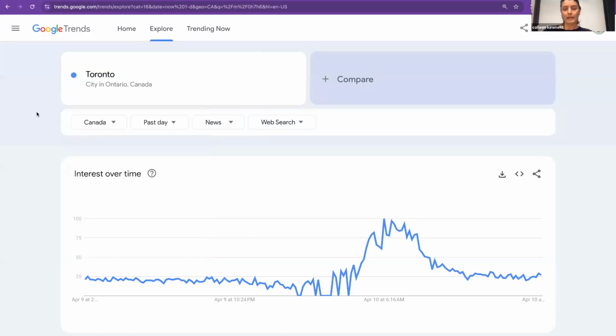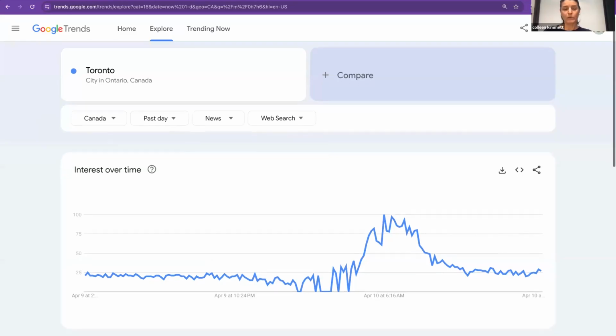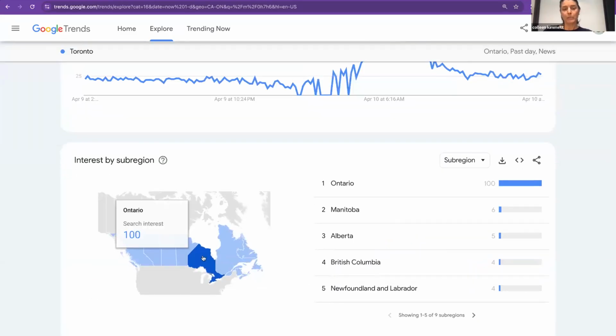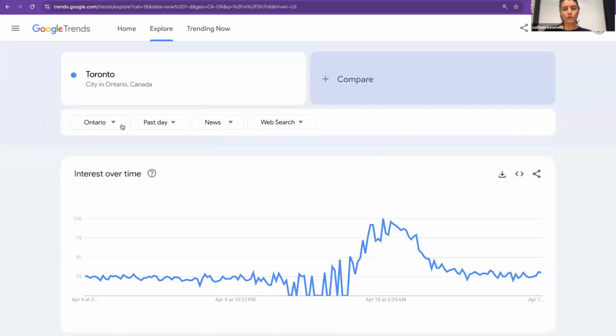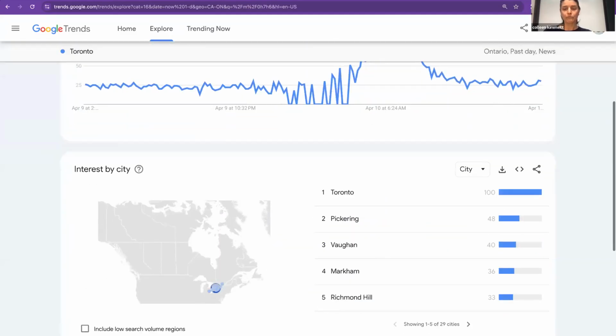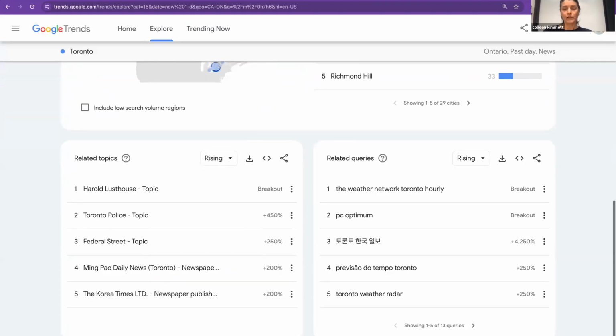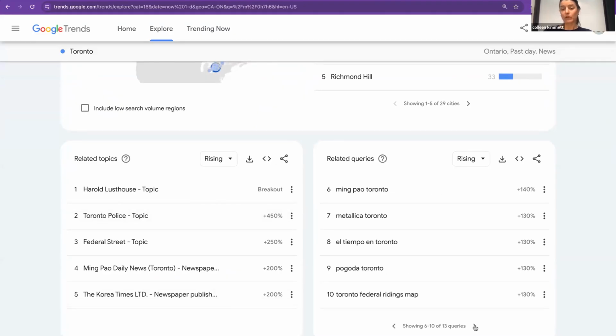I'm looking at Canada, the past day. I'm going to broaden this. I could keep it to news, or I could broaden it to any topic, web search. I'm going to click on the map in Ontario to narrow my search region to Ontario. And you can see here some of the queries that people are asking in relation to Toronto.